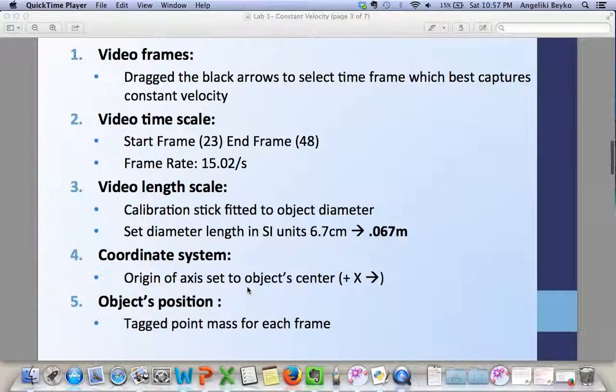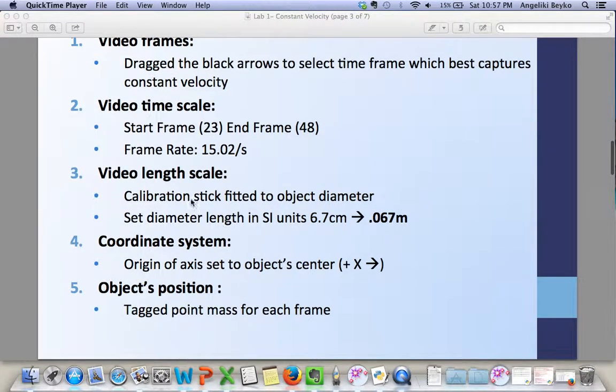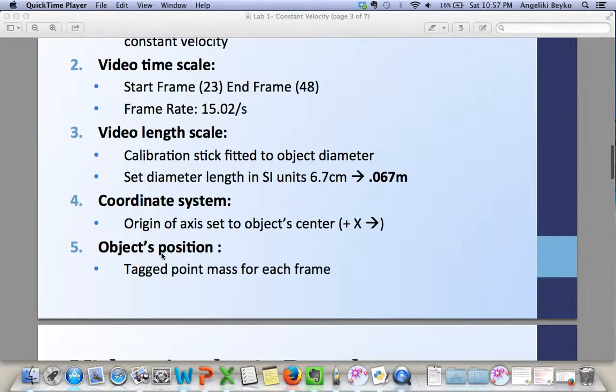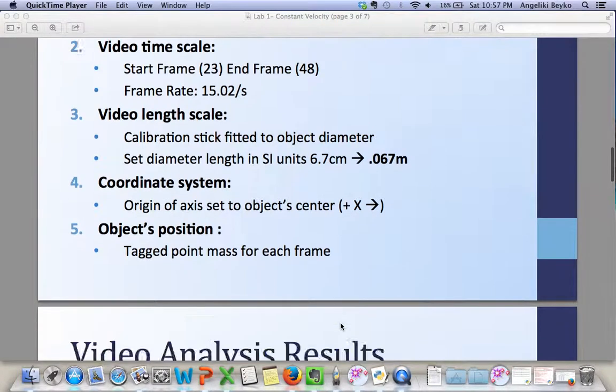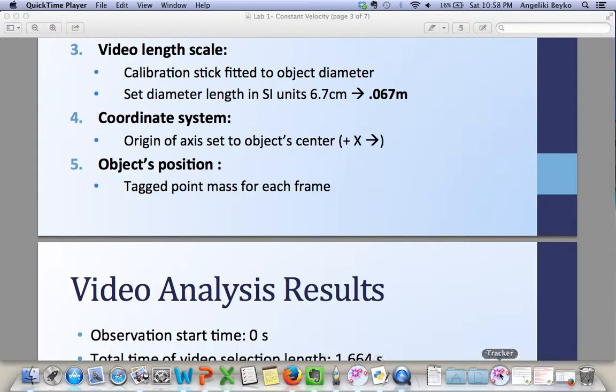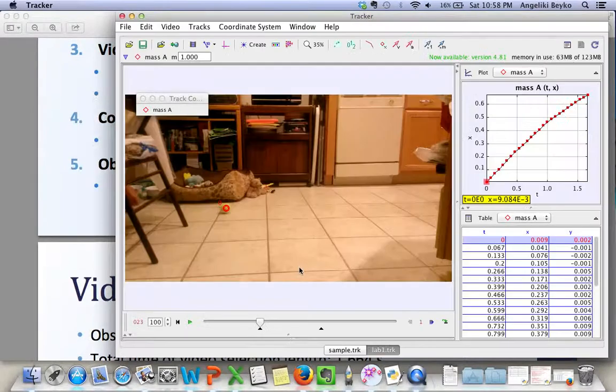I calibrated the object by fitting it with a calibration stick, and the diameter length was 0.067 meters. Positive x direction was going to the right, positive y going upwards. Object position was tracked by marking the center of the diameter of the object in motion for each frame of the video. So now I'm going to show you what that looks like in the program called Tracker.